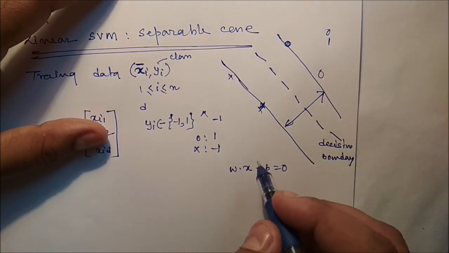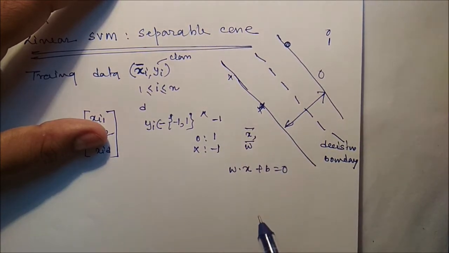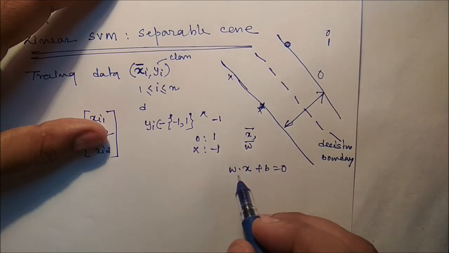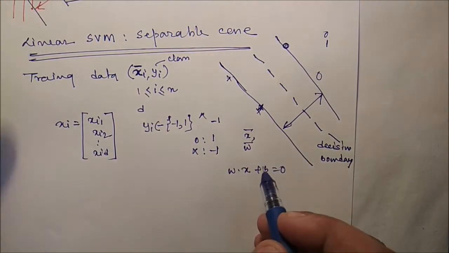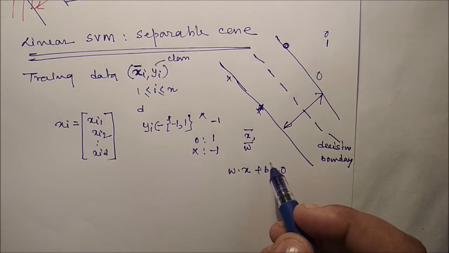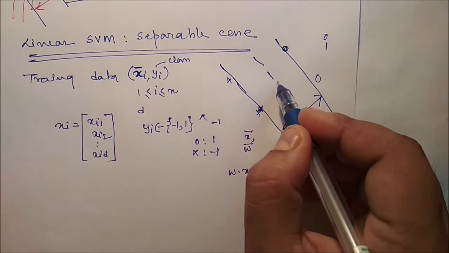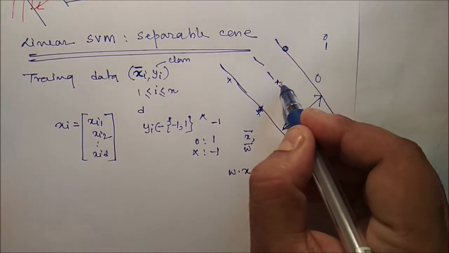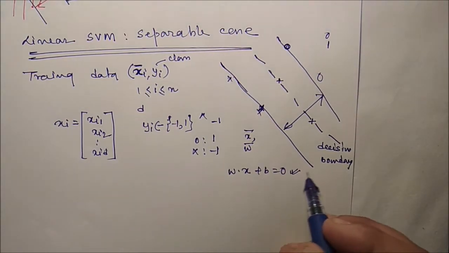Remember one thing: x is a vector as well as w is also a vector. x is the training data, and w and b are the parameters. Any example located on the decision boundary must satisfy this equation, and that is the equation of the decision boundary.